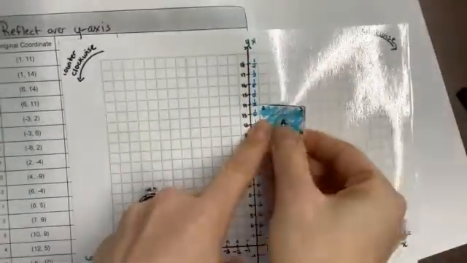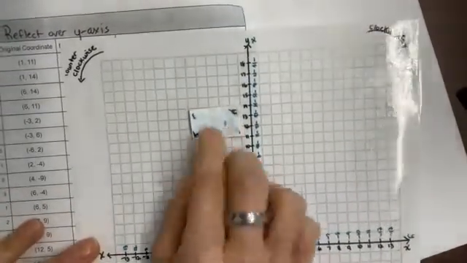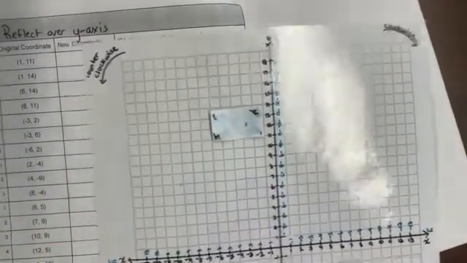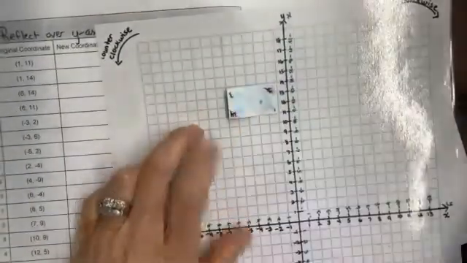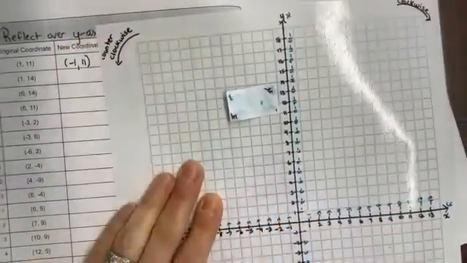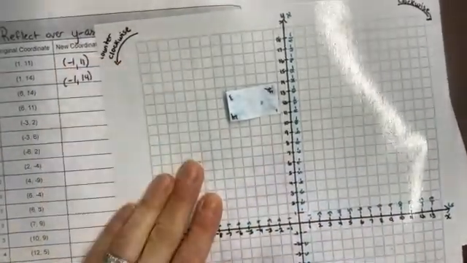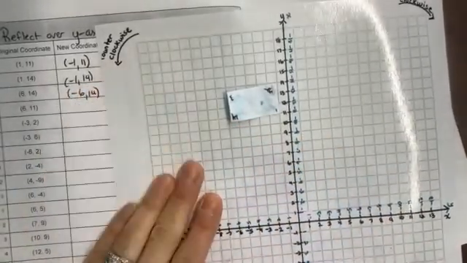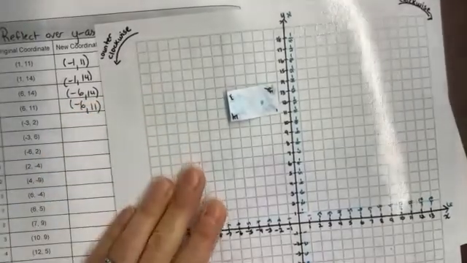So we're going to take the shape and it's going to do a little backflip and end up over here. Let's see if we can spot what that does to its coordinates. So corner 1 is now sitting at -1, 11. Corner 2 is at -1, 14. Corner 3 is at -6, 14. And corner 4 is at -6, 11.